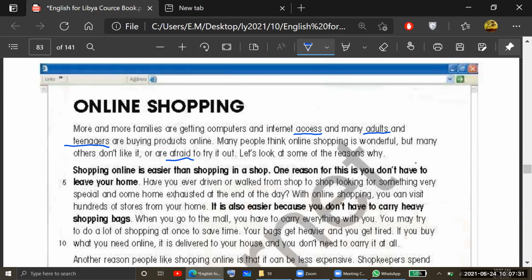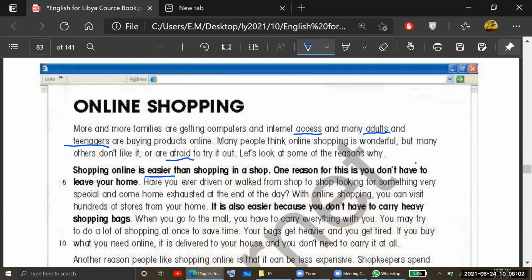Let's see، خلينا نشوف. Shopping online is easier than shopping in a shop. Shopping online is easier than shopping in a shop. This is one reason. It's easier. You are sitting at home and you are scrolling down your computer or your mobile phone. يعني أسهل ما تروح على المحل وتتعذب وتطلع وتنزل كذا، موجود أمامك كل شيء. This is one good thing.